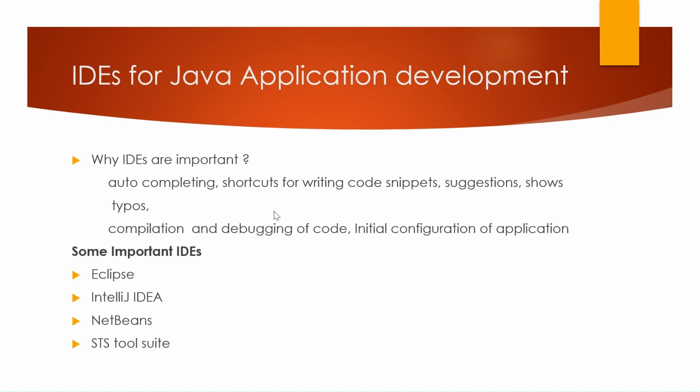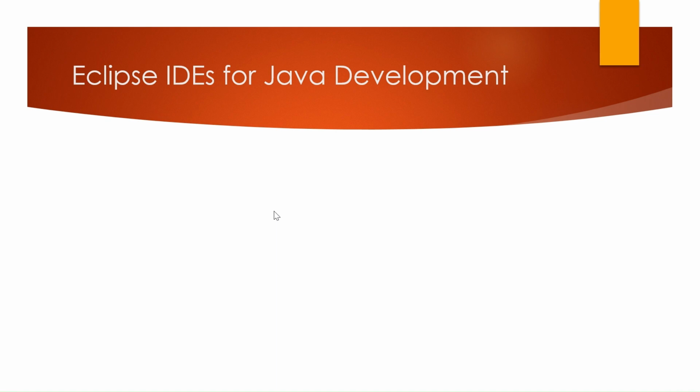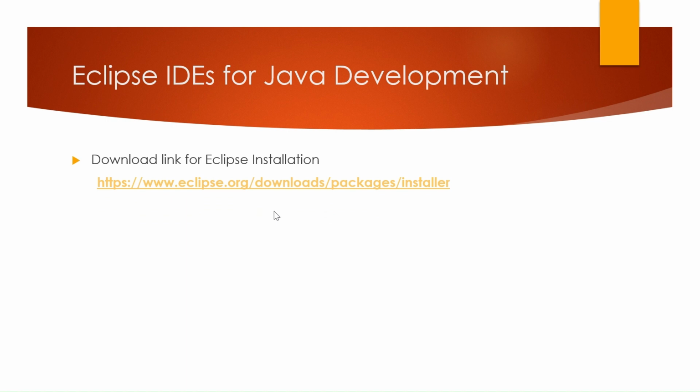Besides Java, they are also used for other programming languages. But first of all, we will talk about the Eclipse IDE. Eclipse has about 48% of the market share, and it is the most famous IDE used in Java development.